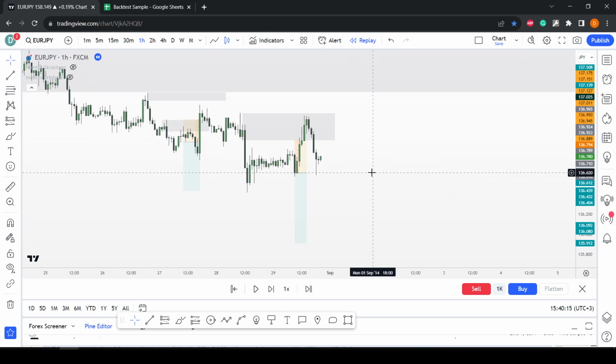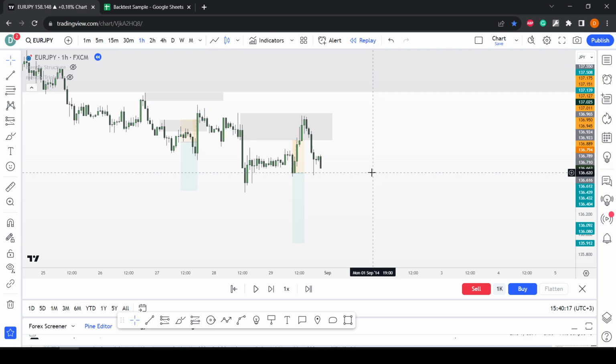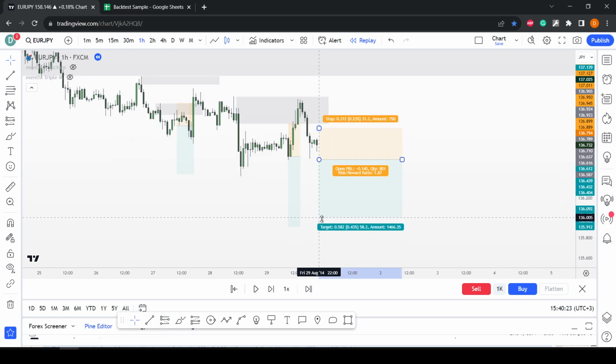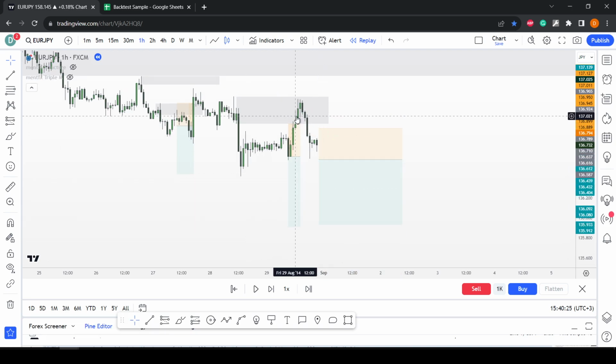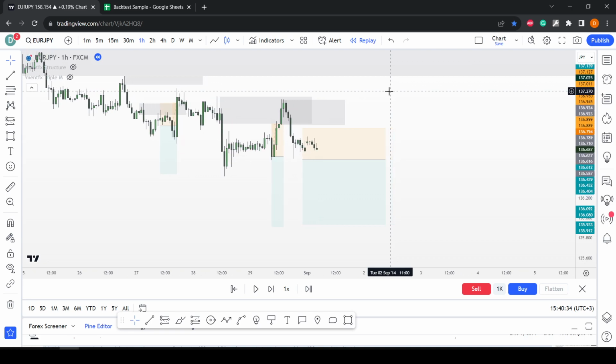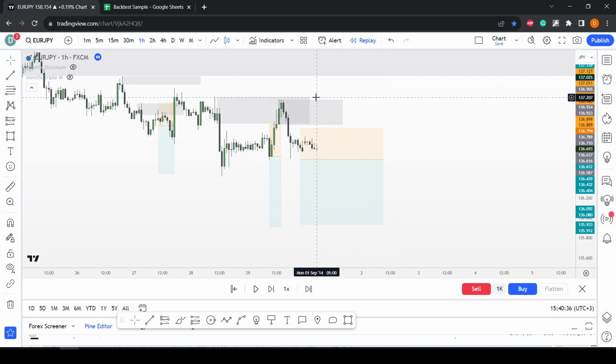So we have impulse and correction. Now, if we break this, we can follow through, or we can wait for a bit deeper mitigation here. Maybe here, for this 2.0. Probably Asia.